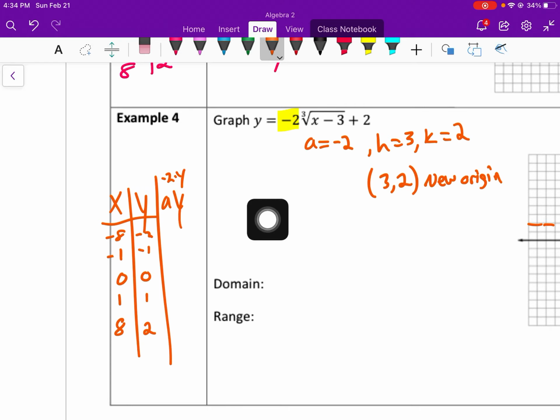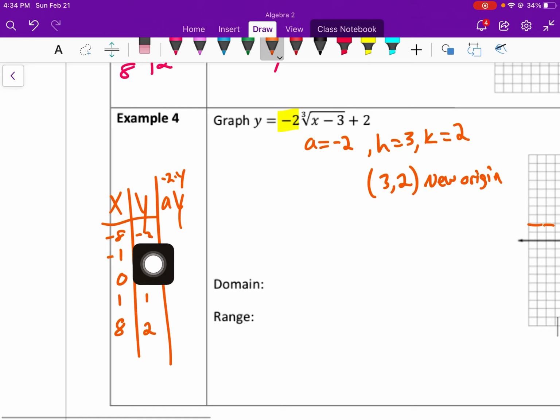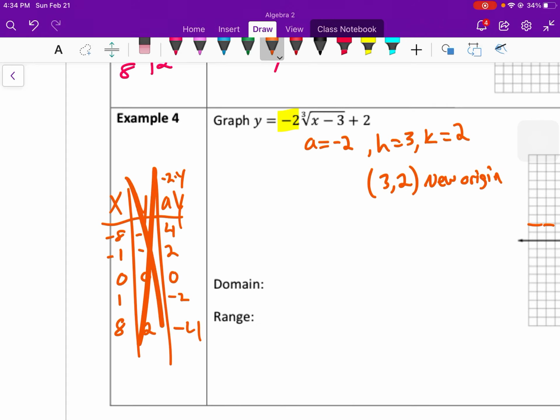Now we have to multiply these y values by -2. So -2 times -2 will give us a +4, 2, 0, -2, -4. Again, we can disregard this middle section now and just shift from our h, k these points.